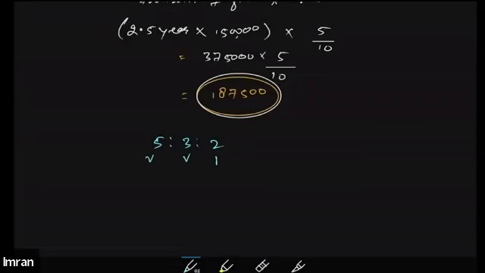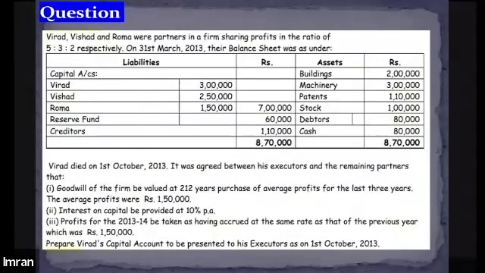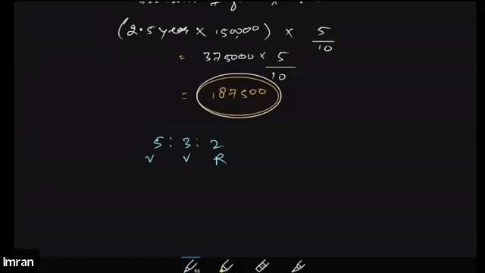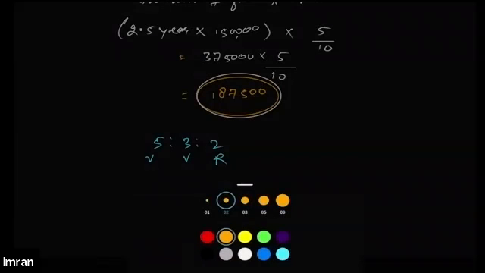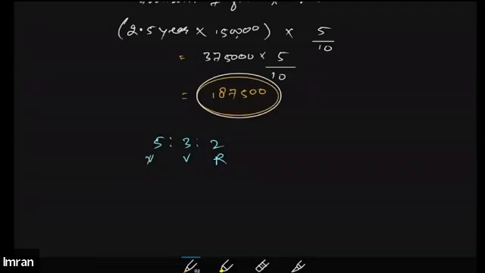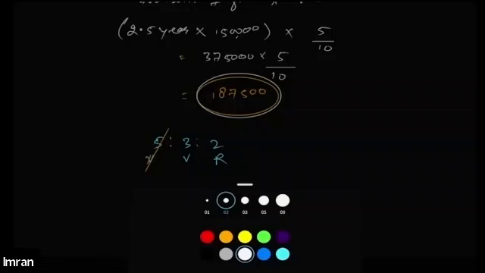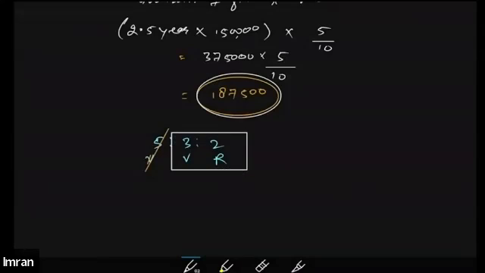Now Virat died. That means in order to determine the new profit sharing ratio, we will just strike off Virat's share. So the new profit sharing ratio will be 3 is to 2. Is that right? Yes, sir.